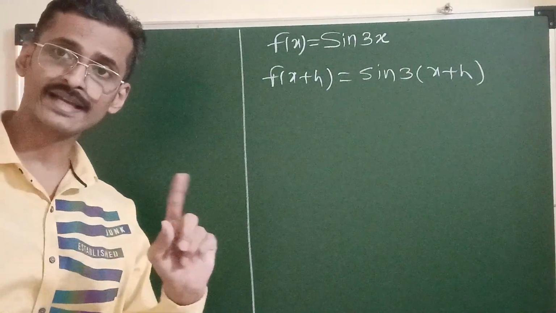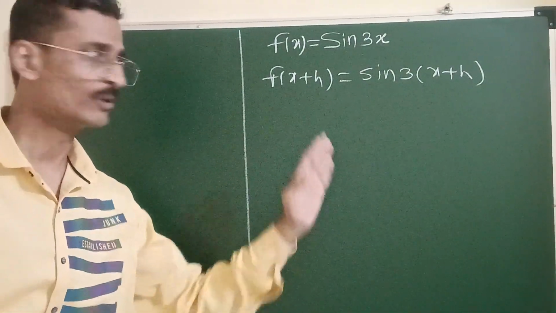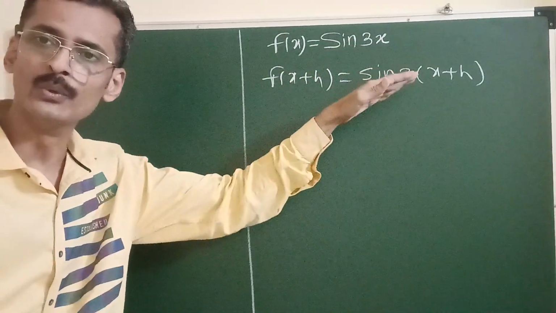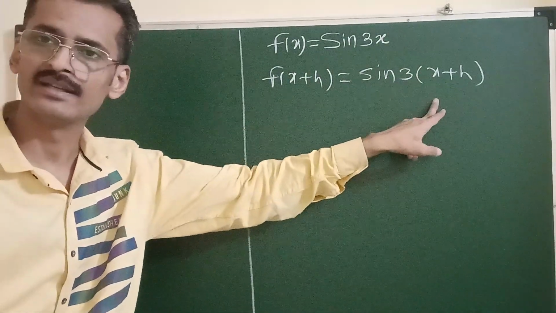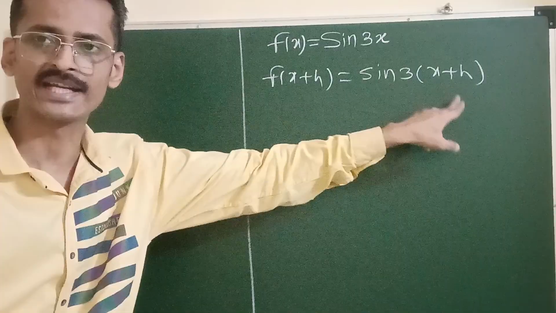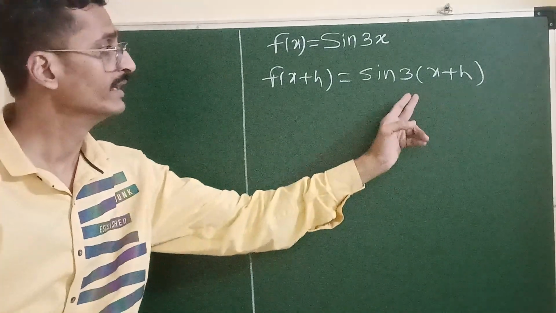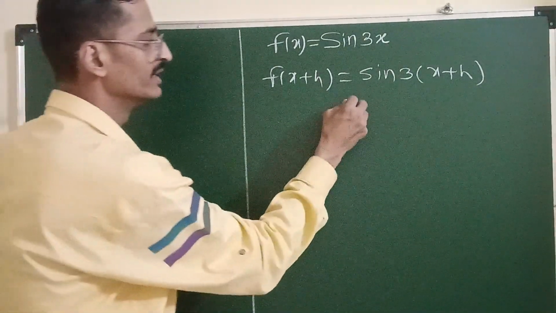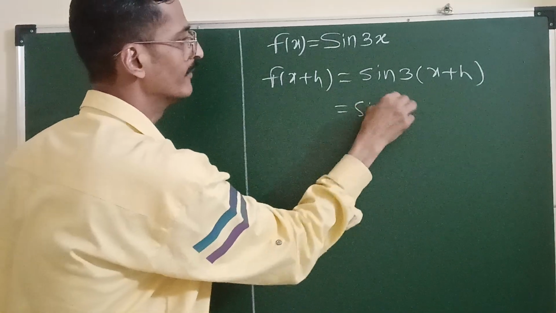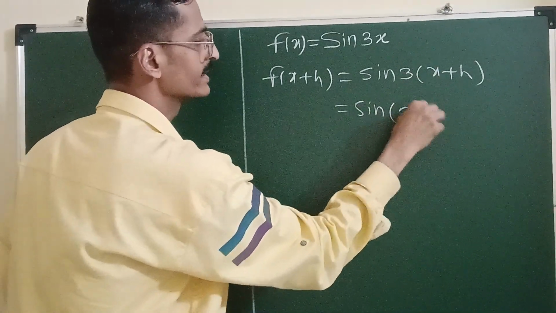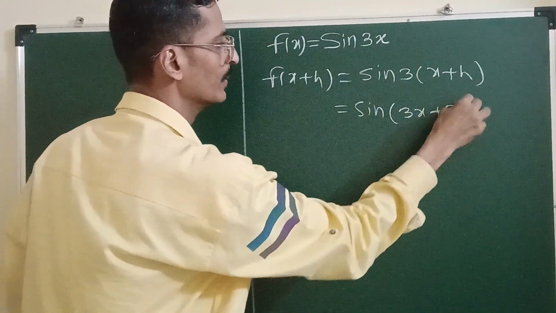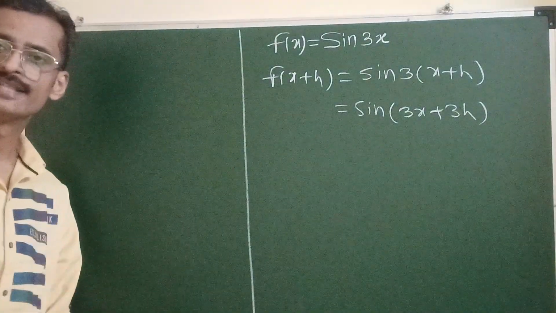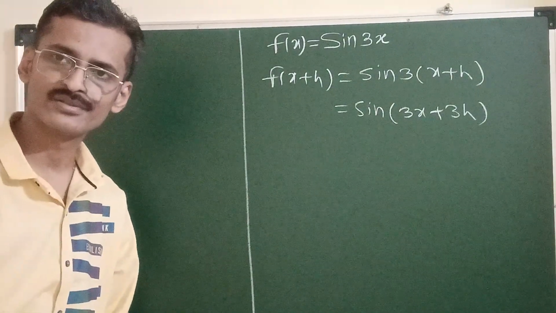Don't write 3x plus h. We have to write sine of 3 into x plus h, so use a bracket for x plus h. Now open this bracket. So this is sine of 3 into x plus 3 into h. This is our f of x plus h.